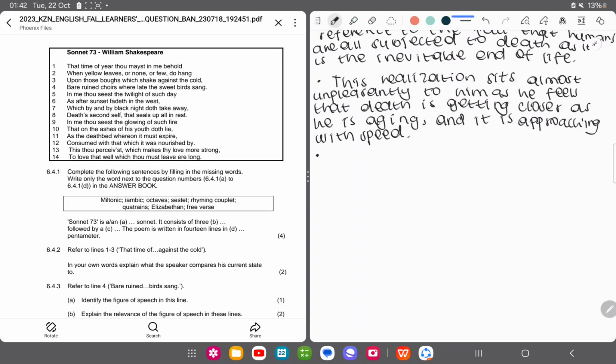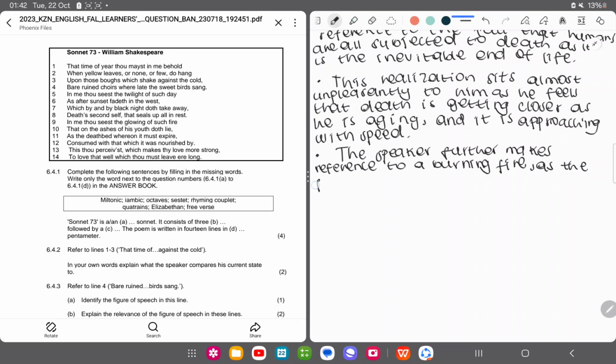So we have another point here, and it says the speaker further makes reference to a burning fire, right? He makes reference to a burning fire. As the fire burns, the residual of ash is left behind.